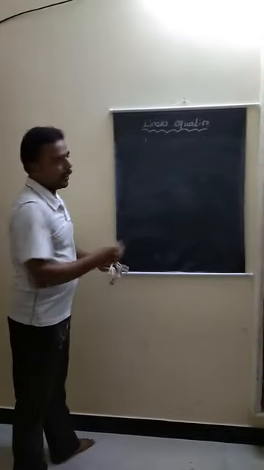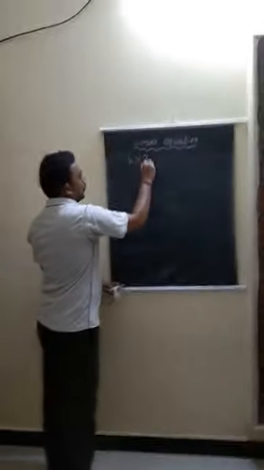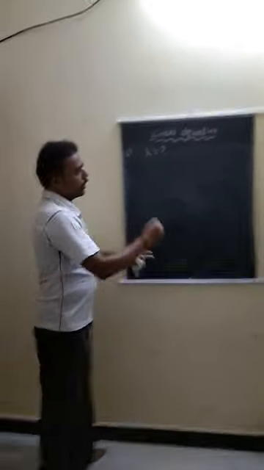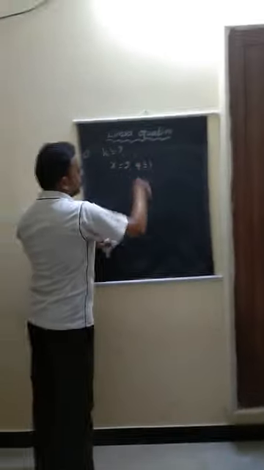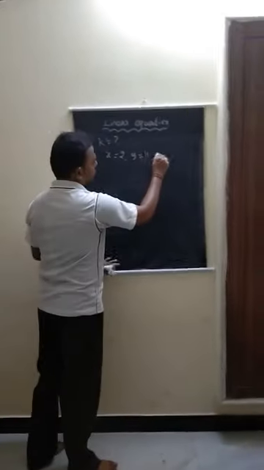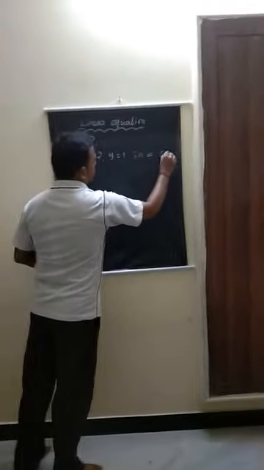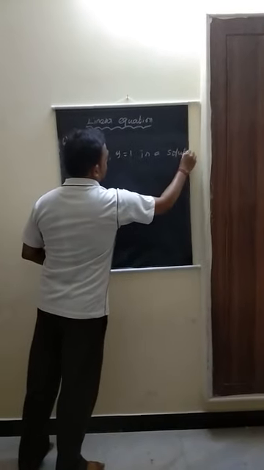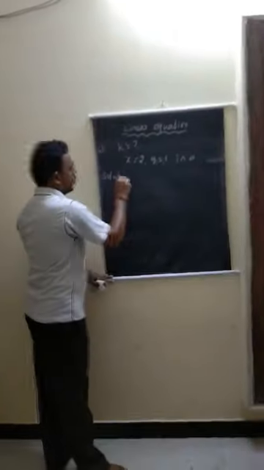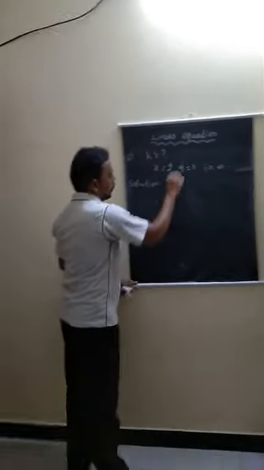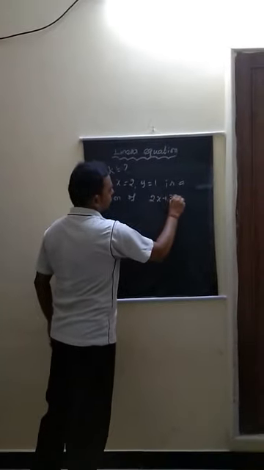Find the value of k if x equal to 2, 2x plus 3y equal to k.